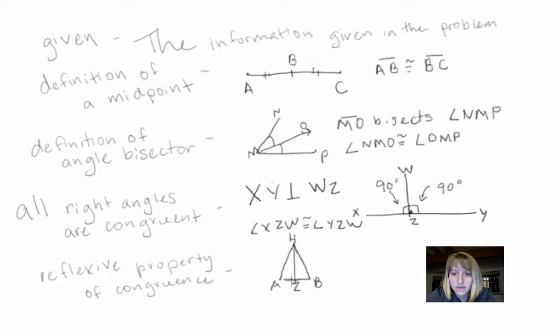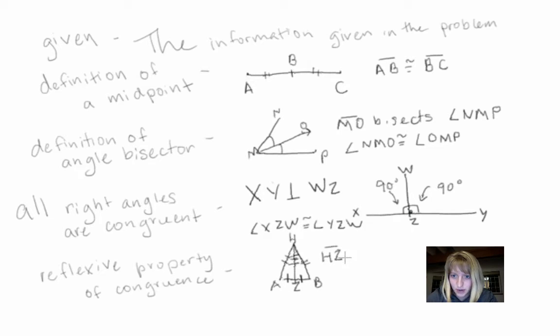And say we've already found out that Z is a midpoint, and that these two sides, AH and BH, are also congruent. We need one more piece of information to find out if these two triangles are actually congruent. Well, funny enough, HZ is HZ. Therefore, HZ is congruent to itself.